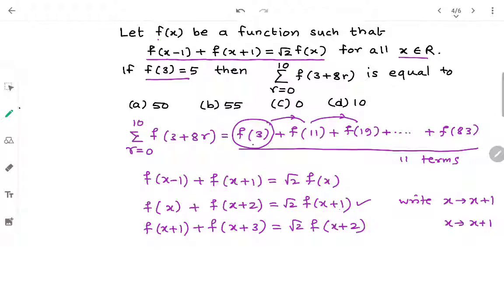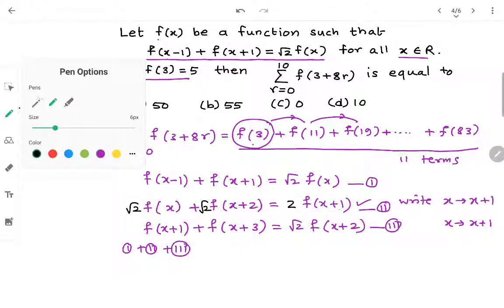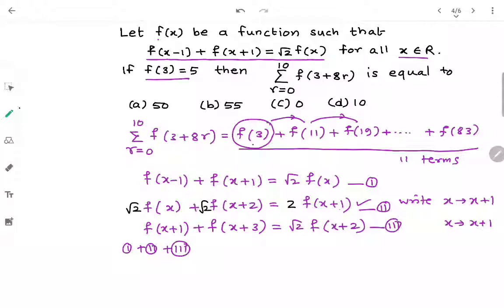Let me call these equations 1, 2 and 3. If we multiply the second equation by root 2, it will look like root 2 f of x plus root 2 f of x plus 2, and on the right root 2 into root 2, which is 2 f of x plus 1. Now add 1, 2 and 3. Instead of writing everything and cancelling, we see what gets cancelled.